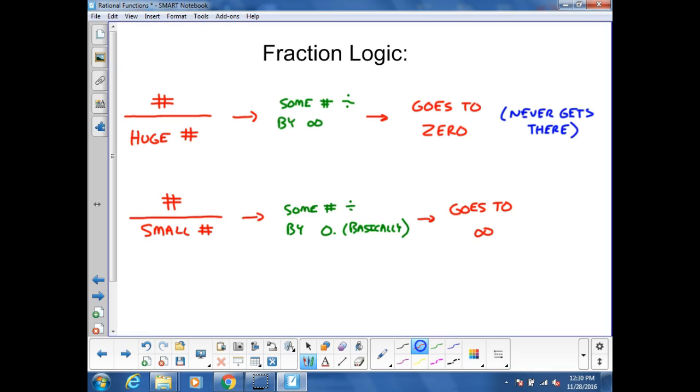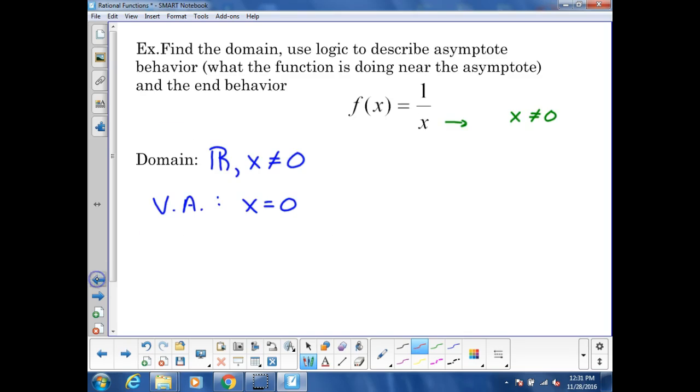Okay. Dividing by a super huge number sends it to 0. Dividing by a super small number sends it to infinity. Okay? Now, let's put that into play here.